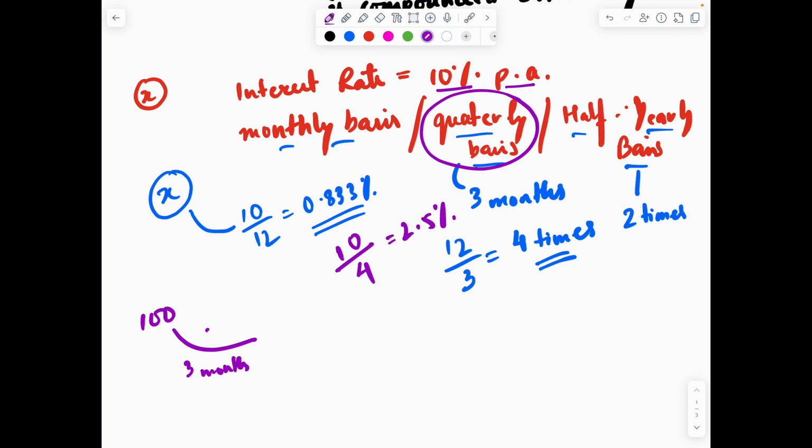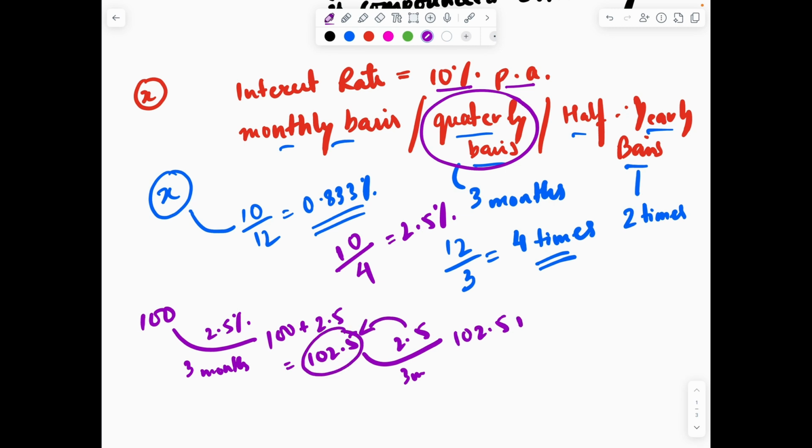So after 3 months, I'm going to charge 2.5. So it will be 100 plus 2.5, which becomes 102.5. After another 3 months, I'm going to charge 2.5%, not on 100, but on this amount. So it will be 102.5 plus whatever 2.5% of that is. This will keep happening.